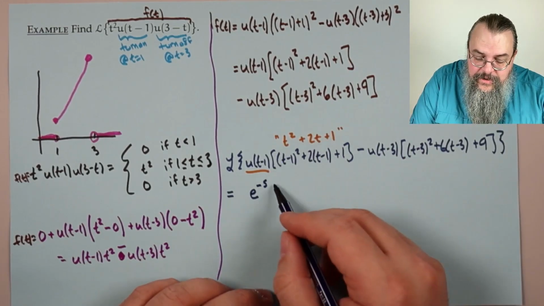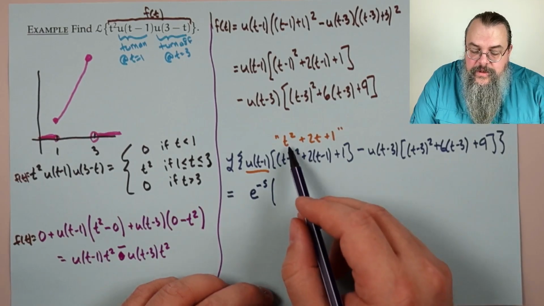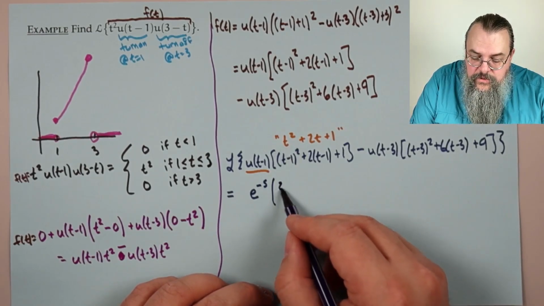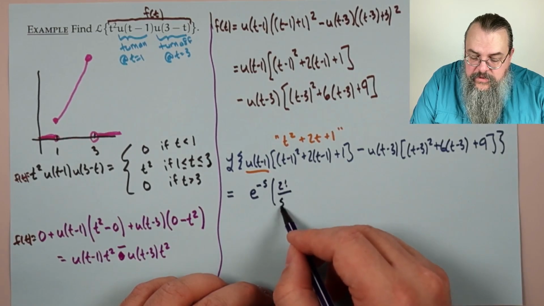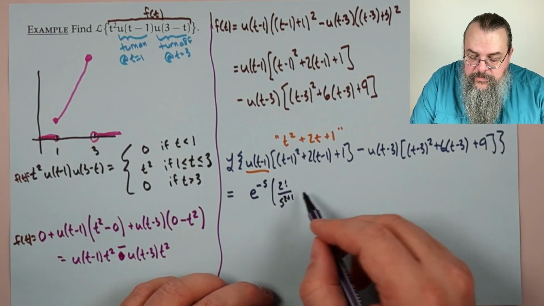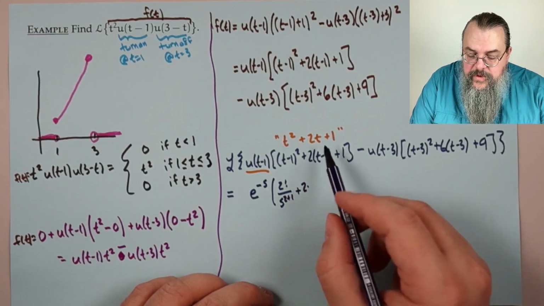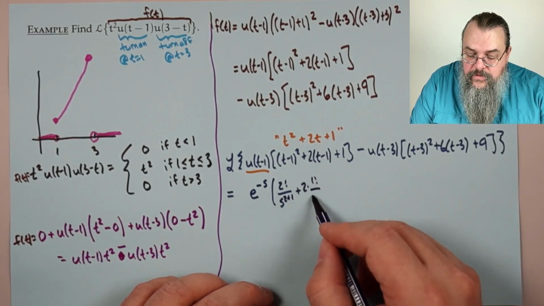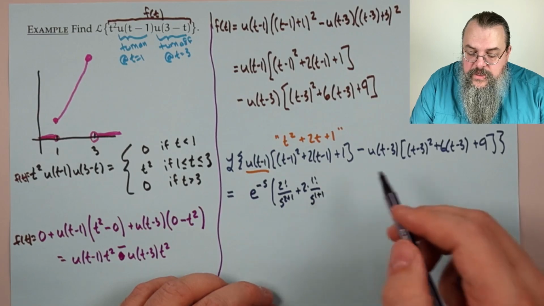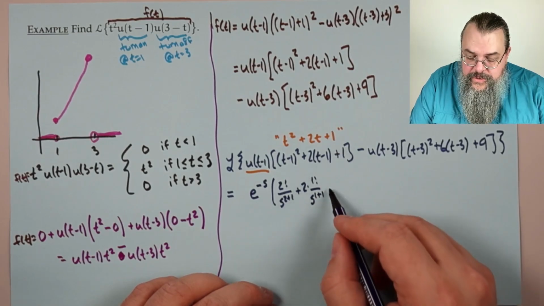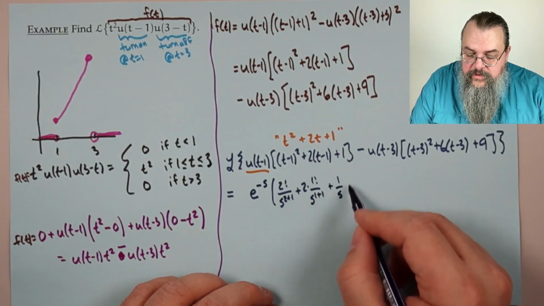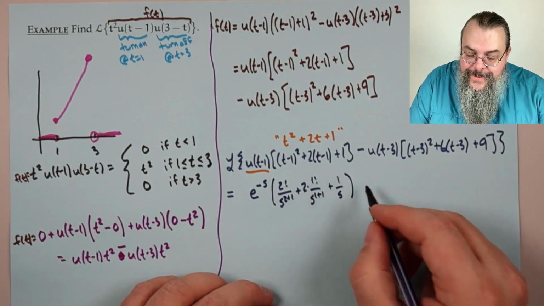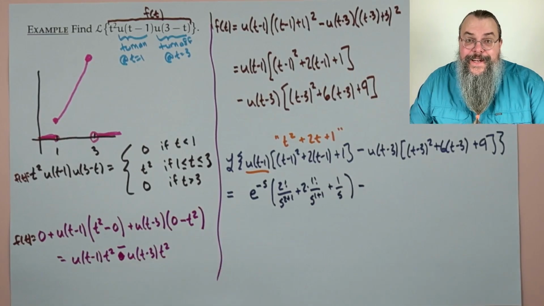So e to the minus s, the Laplace transform of t squared is 2 factorial over s to the 2 plus 1, plus 2 times the Laplace transform of t, which is 1 factorial over s to the 1 plus 1, and the Laplace transform of 1 is 1 over s. Okay, that's the first term.